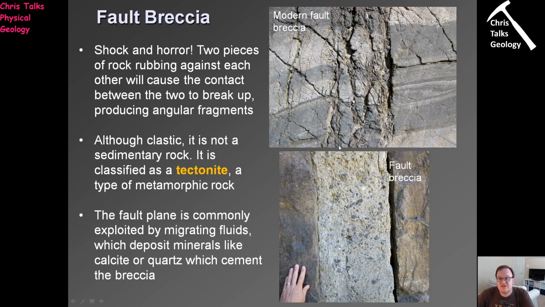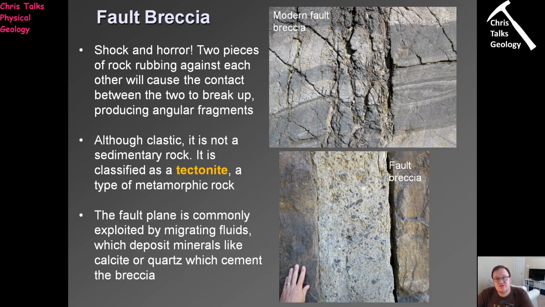You can also see that in these instances, these angular pieces of rock are stuck together by cement. That's because these fault planes are natural pathways along which fluid will move. And when fluid moves along these pathways, it will inevitably start depositing minerals as it moves through the area.